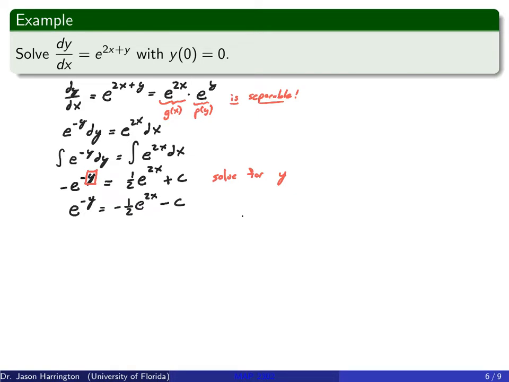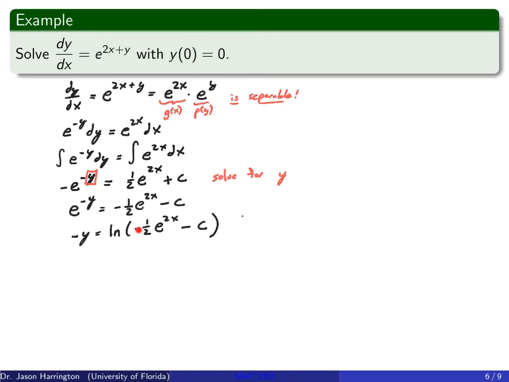And then I'm going to take the natural log of both sides, and I'm going to get negative y is equal to the natural log of negative 1/2 e to the 2x minus c.